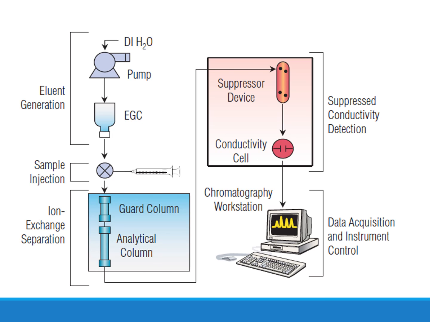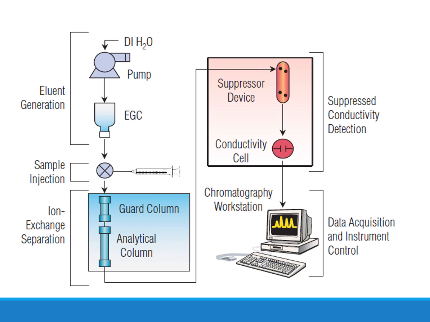Then you inject the sample as you're familiar with in HPLC with a 6-way valve. The next step is going through ion exchange separation. So for anions, we need an anion exchanger. For cations, a cation exchanger. Note, we always use guard columns to protect our column from sample contamination.